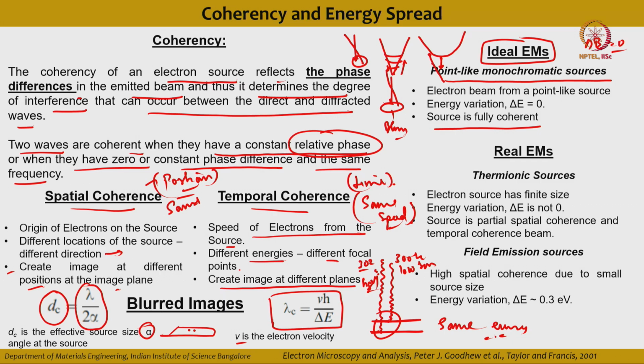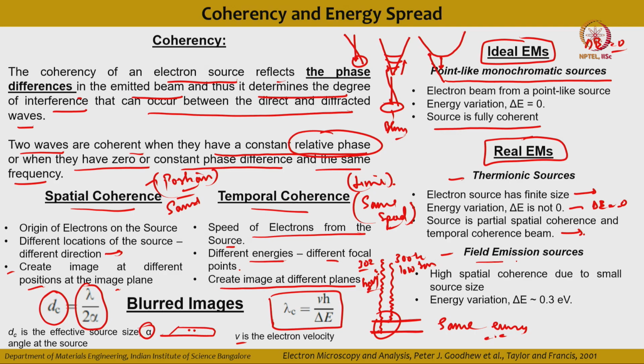In real electron microscopes, depending upon the source used, thermionic sources or field emission sources, the electron source has a finite size. There is an energy variation, delta E, which is not 0, there is a certain energy spread, and the source is only partially coherent in both spatial and temporal coherence. They have both spatial coherence and temporal coherence issues with real EMs using thermionic sources.